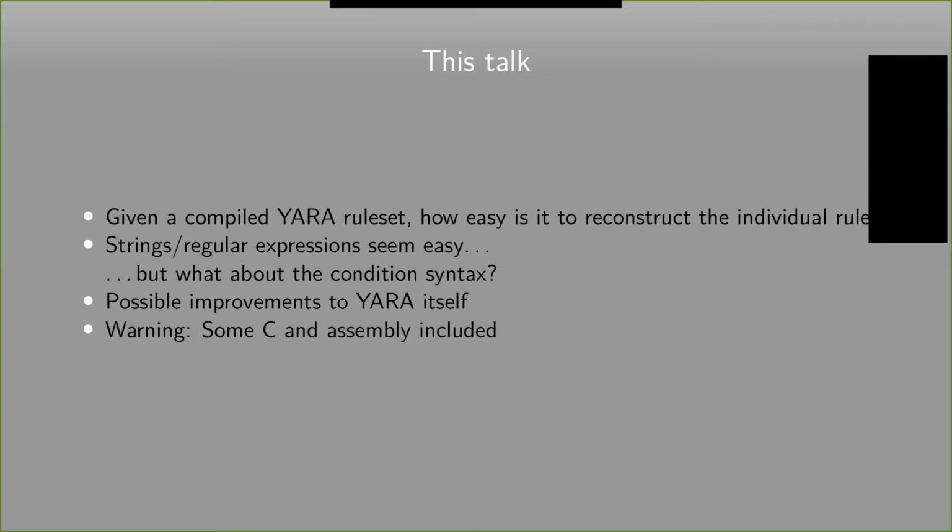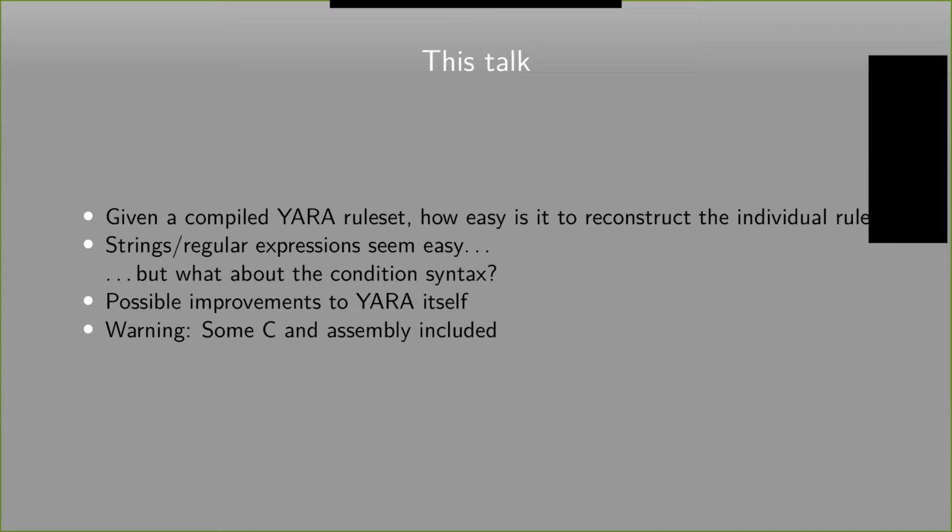And I've been wondering since then how easy it might be to actually reconstruct the individual rules. Looking with the strings utility at the compiled rule set showed us that it was pretty easy to see the actual pattern strings, but I've been wondering about the condition syntax, what it ends up as.